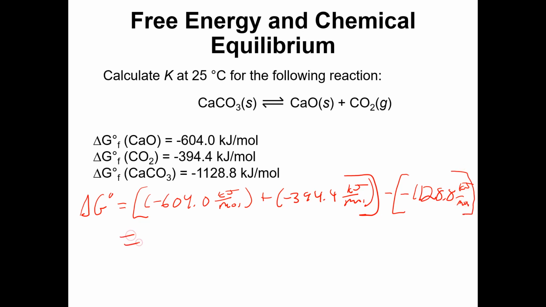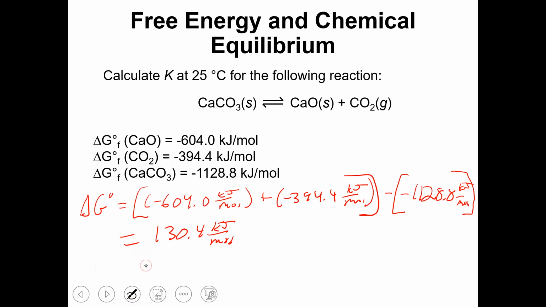So if we take negative 604 plus a negative 394.4, and then minus the negative is positive, so plus 1128.8, we get 130.4 kilojoules per mole.